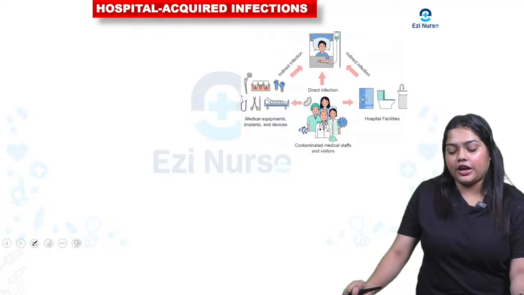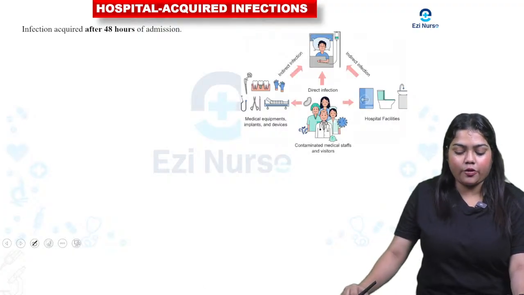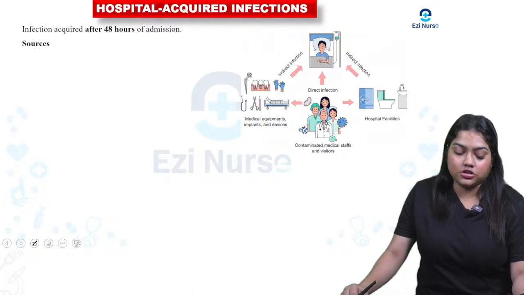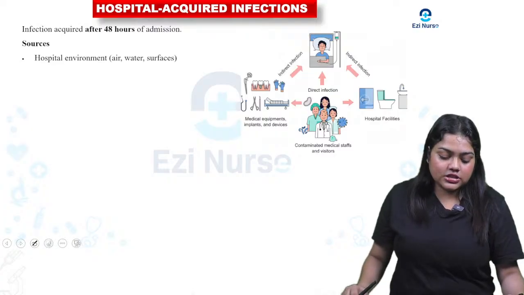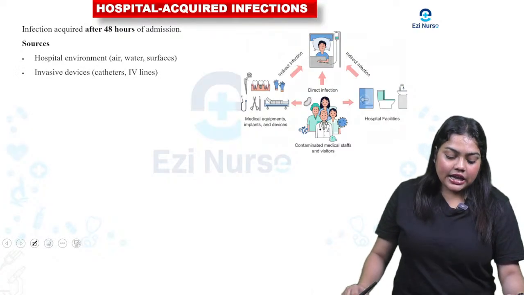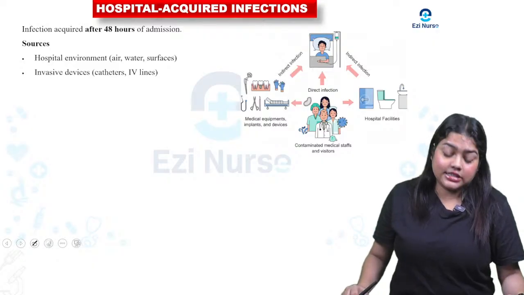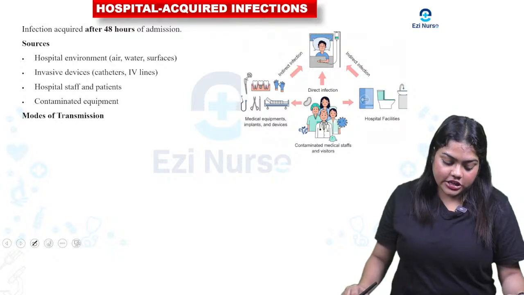Now come to hospital acquired infection, also called nosocomial infection. It is an infection acquired after 48 hours of admission in the hospital. The sources are the hospital environment such as water, air, surfaces, invasive devices such as catheters and IV lines, hospital staff and patients, and contaminated equipment.